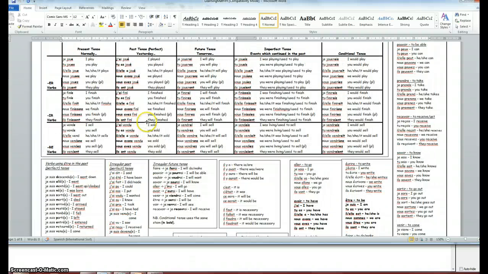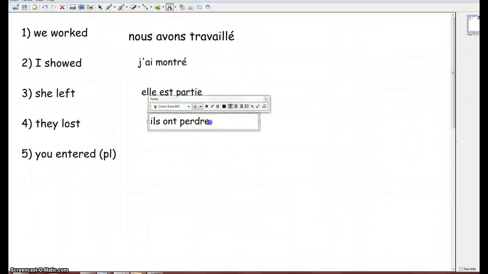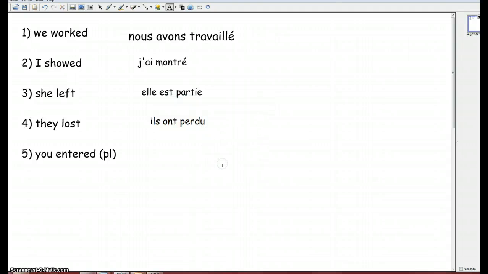So we're back over to the grid, and perfect tense, RE verbs, we're in this bottom grid here, and we're looking for the they form, and we can see there's the "they have", ils ont, and the past participle, there you go, ends in U. The RE of vendre, to sell, has changed to a U. So that's exactly what we're going to do with perdre. Take off the RE and put on a U. Because we've used avoir, ils ont, and not être, we don't need to make it agree. So we're finished. Ils ont perdu.